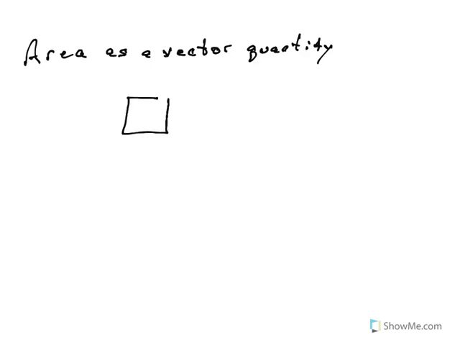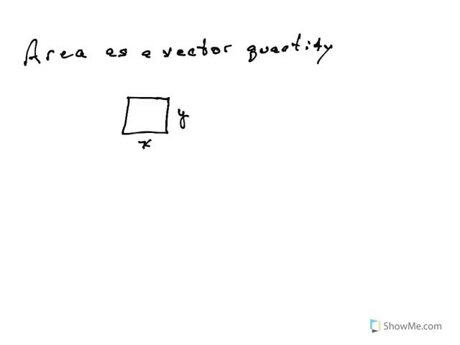So the way we're going to do it is we're going to define something, and that is the area of a surface as a vector quantity. So if we have, let's say, a little box like this, maybe there's a path or something, but there's a box, and maybe this is some length x, and this is some length y.